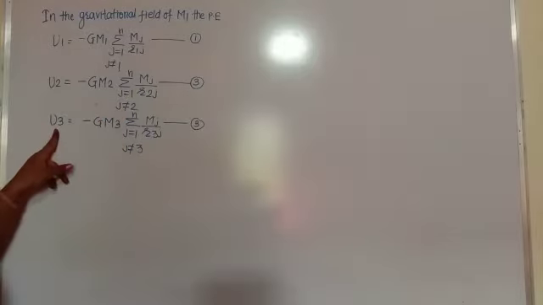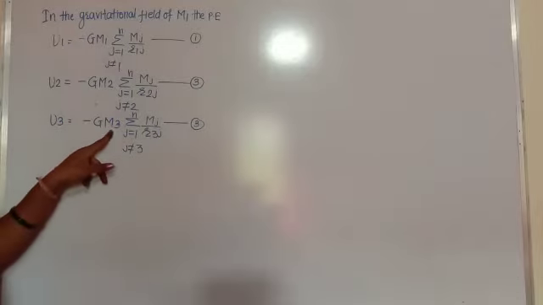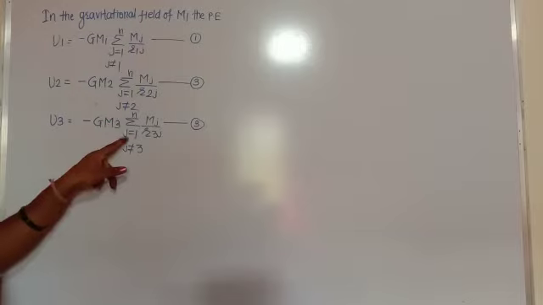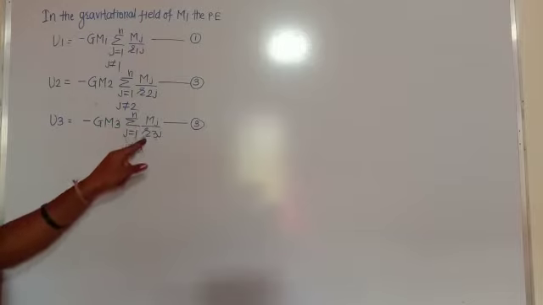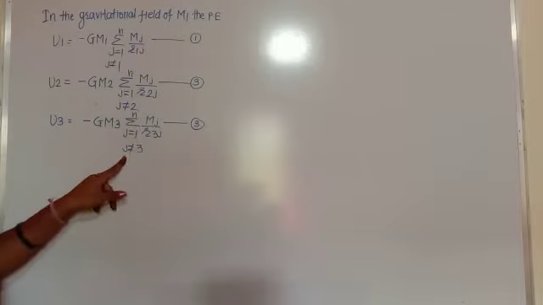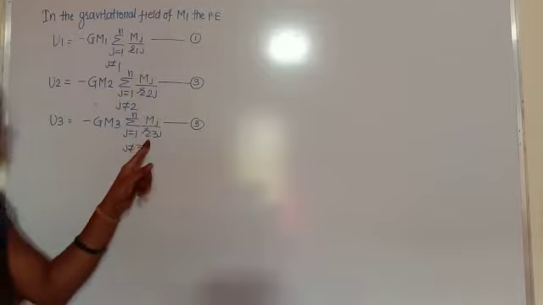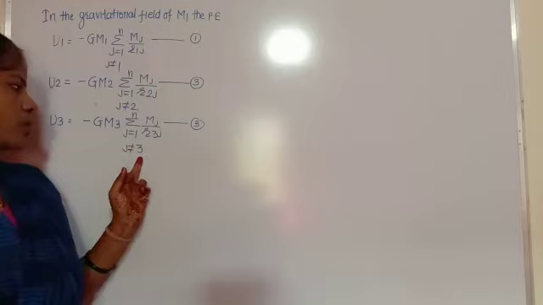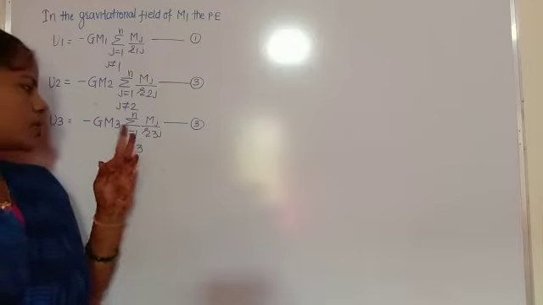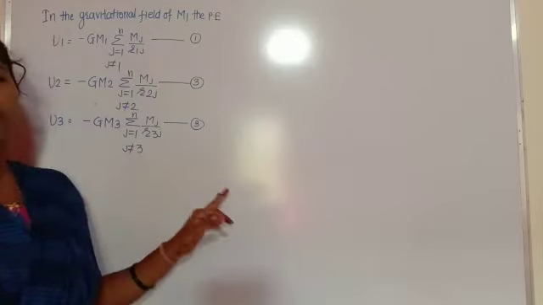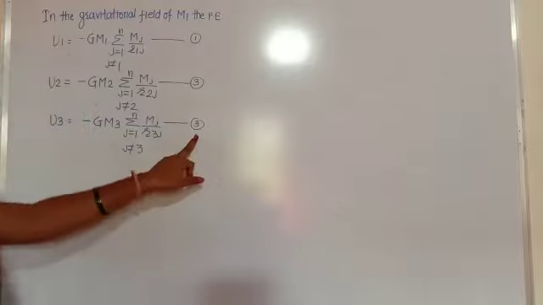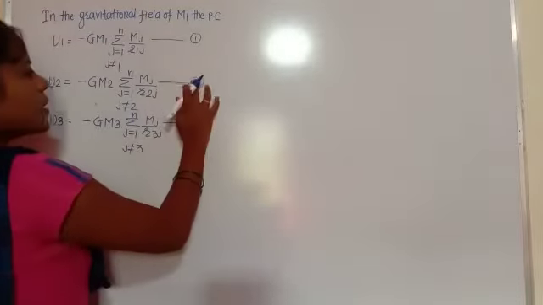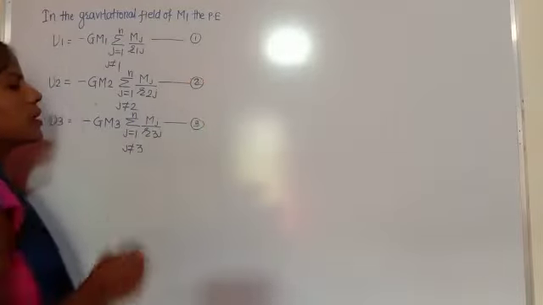Then in the gravitational field of m3, the potential energy of the remaining particles u3 is equal to minus G m3 summation of j equals 1 to n of mj divided by r3j, where j is not equal to 3, because we can't calculate the distance between the same particle. Here j is not equal to 3 means 1, 2, 4, 5, 6 up to n. This is the third equation.